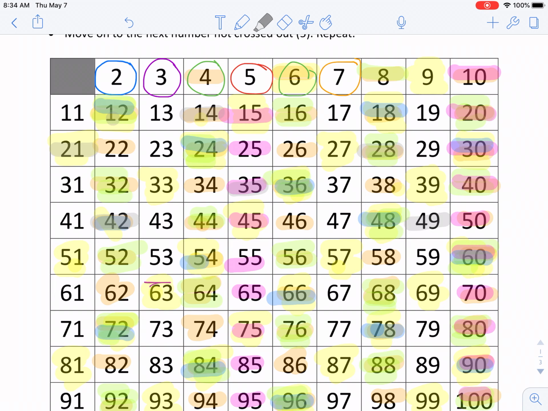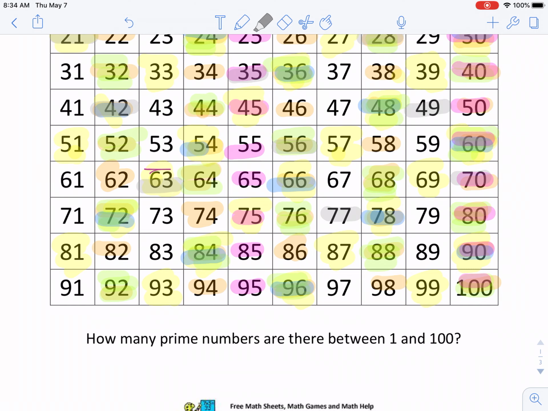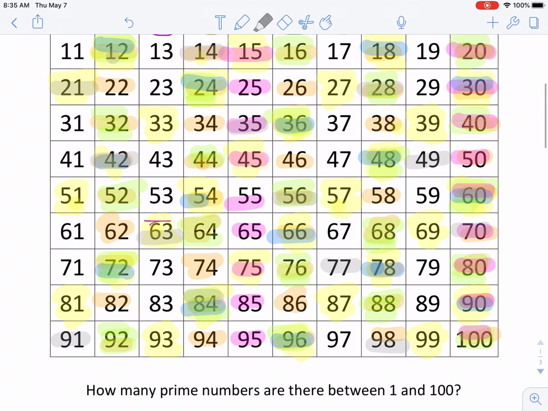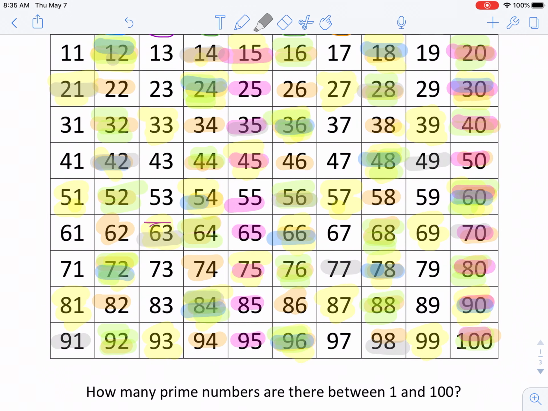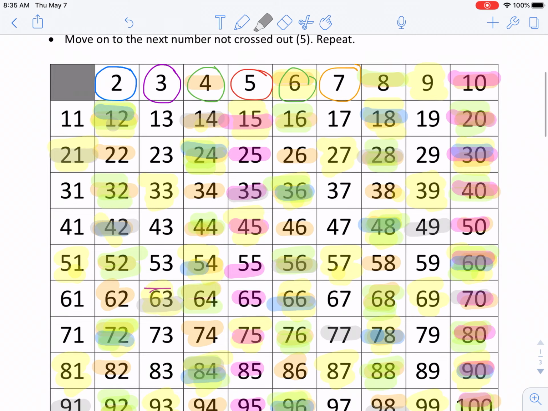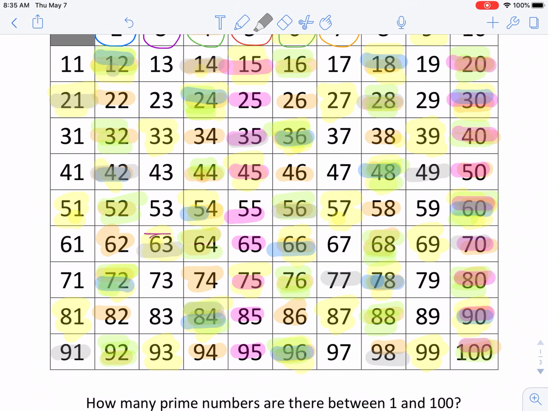There's a new one. 56, 63, 70, 77. There's a new one. 84, 91, 98. Okay, so those are all the 7s. And you see there's kind of a little pattern here, but it's farther spread apart.